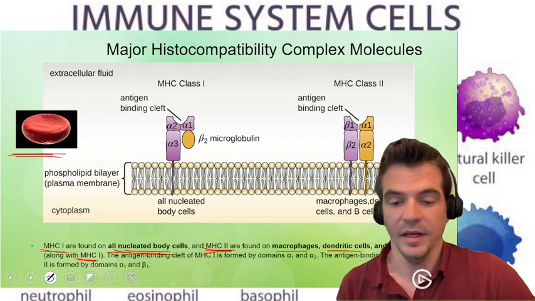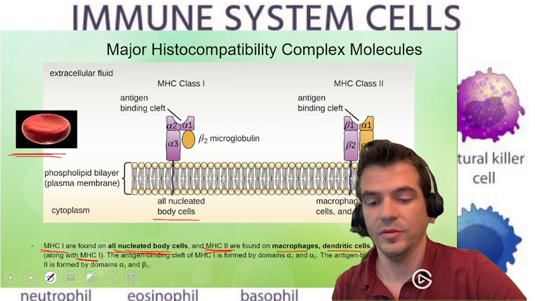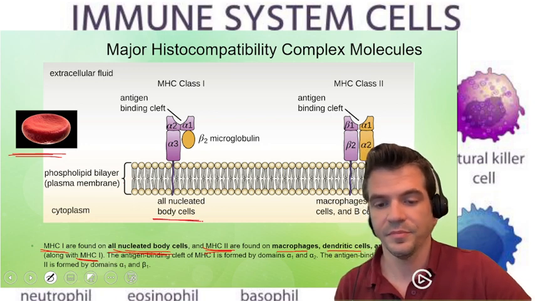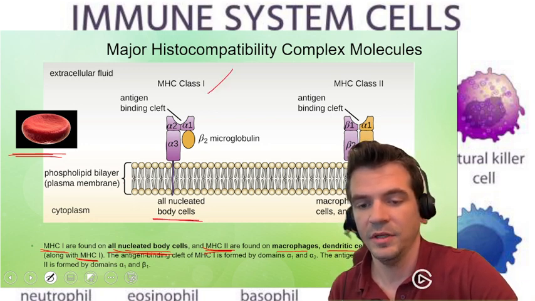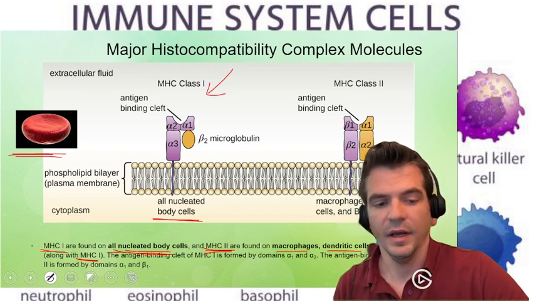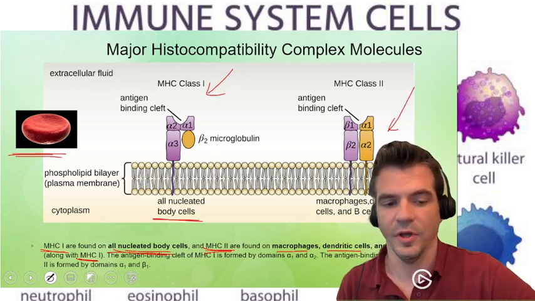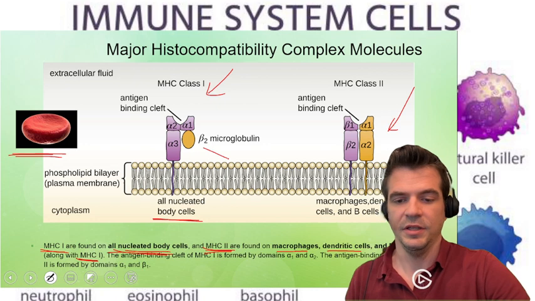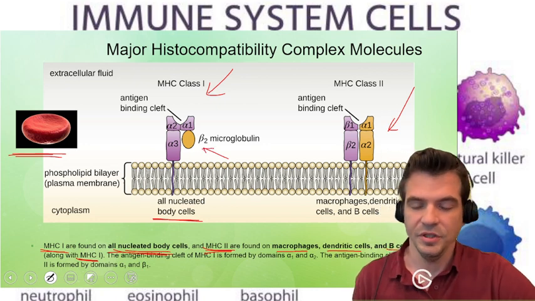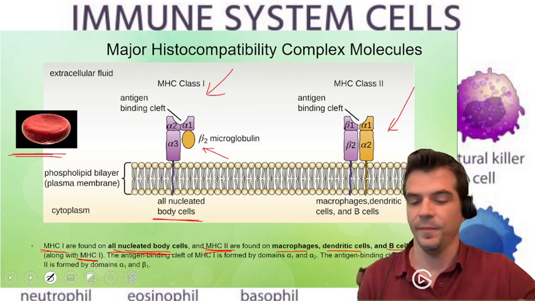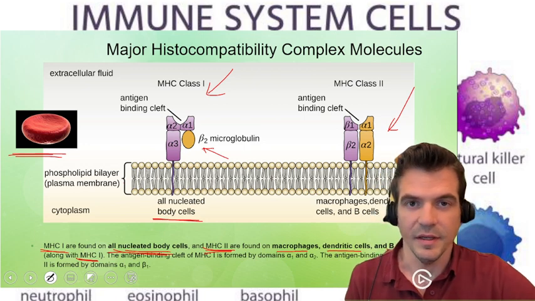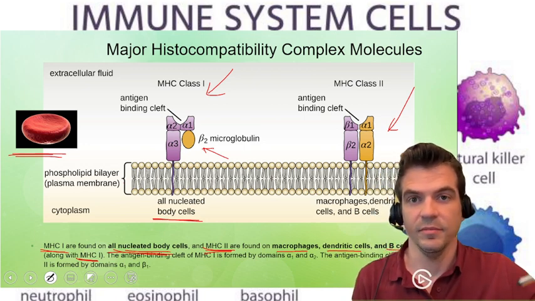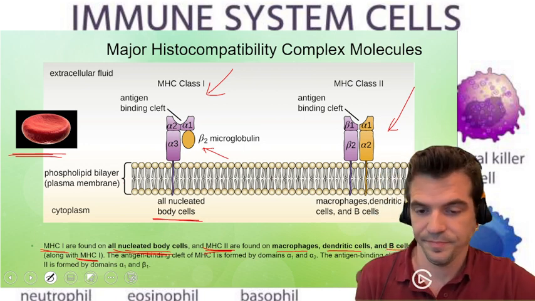Here you can see that all nucleated body cells have this type, class 1, and class 2. This tiny distinction is how we have a distinction here, but they do the same thing in that they recognize antigens.